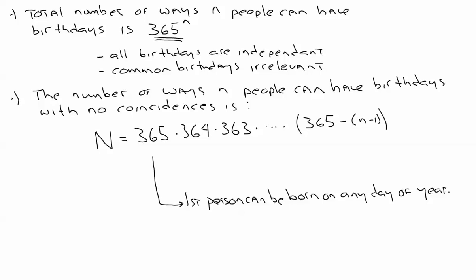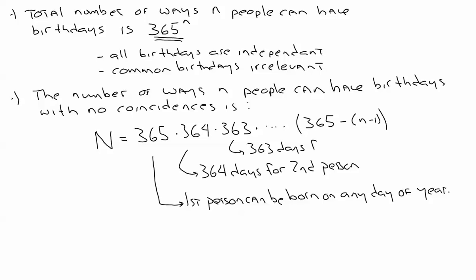For no coincidences, the second person has 364 days they can be born on. And the third person can be born on 363 days. And so on and so on.